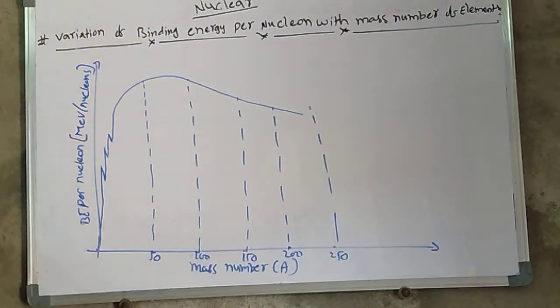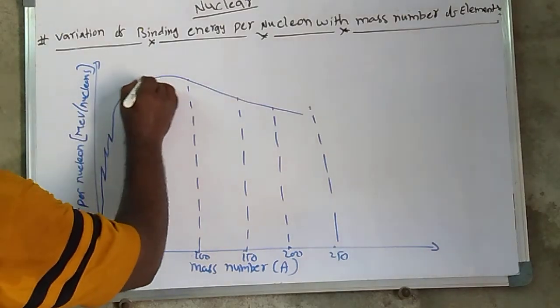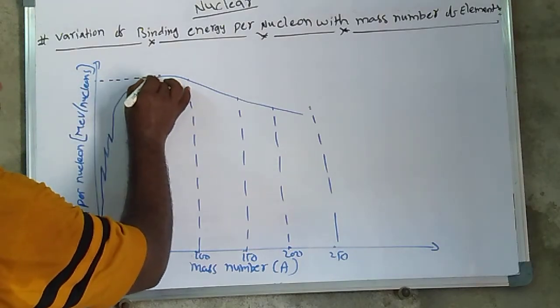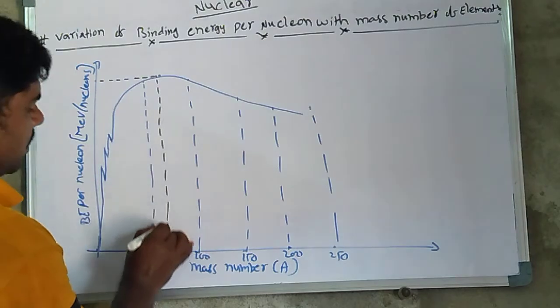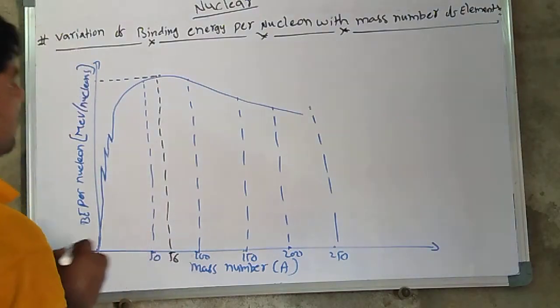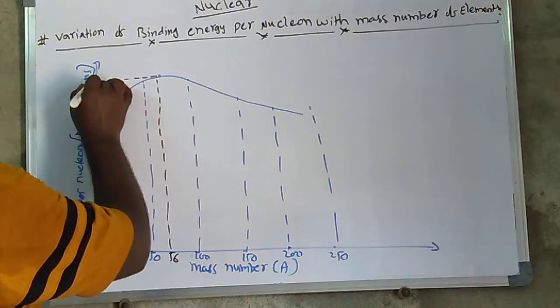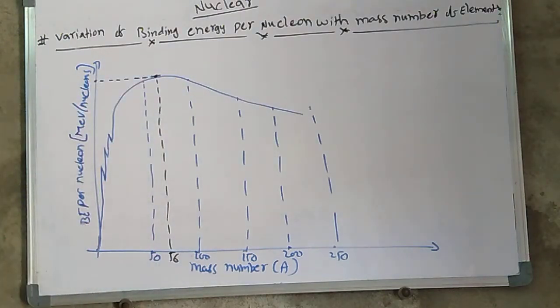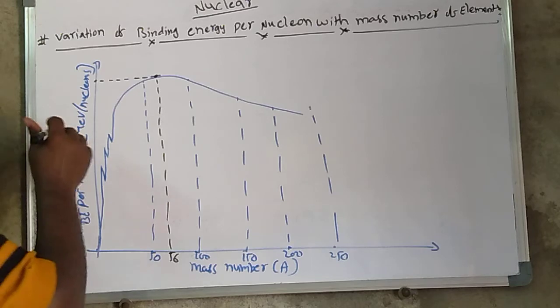The maximum is the iron, with mass number 56. Here the maximum binding energy is 8.8 mega electron volt.